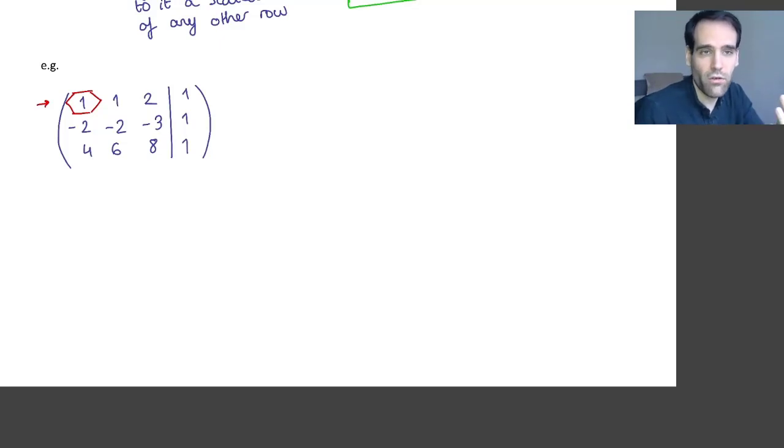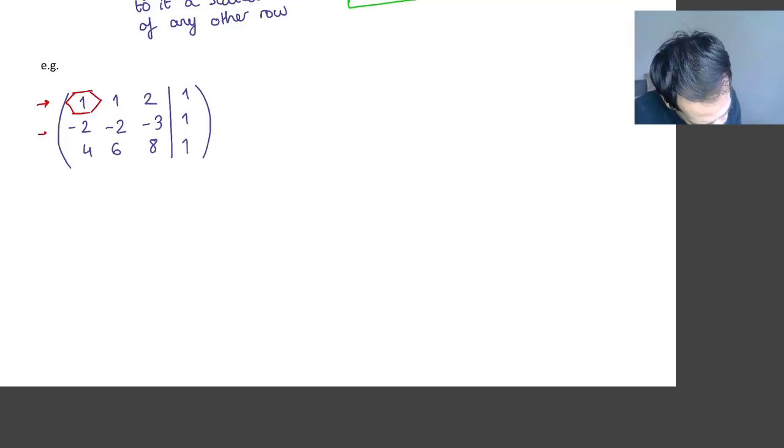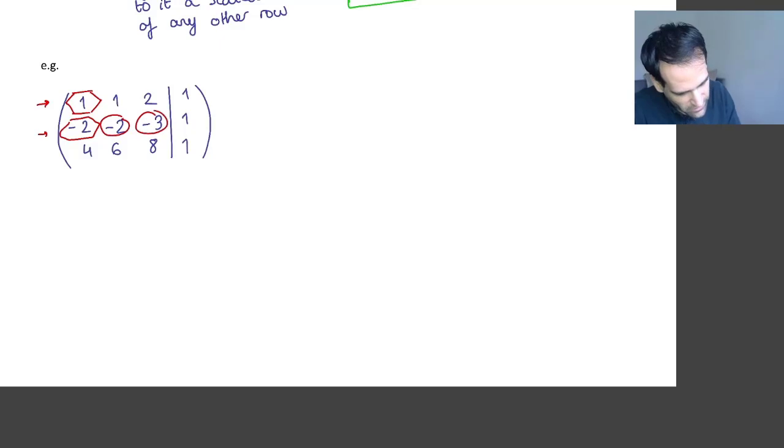As we know, that's one of the properties of the row echelon form. But currently, the second row has this pivot here, which is not to the right. So we don't want that pivot. We want the pivot to be either here or here. It doesn't matter. So what we need to do is make this number equal to 0.